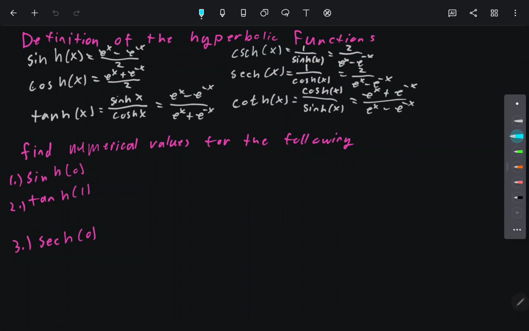Certain combinations of the exponential functions e to the x and e to the negative x arise very frequently in mathematics, so they deserve special names.